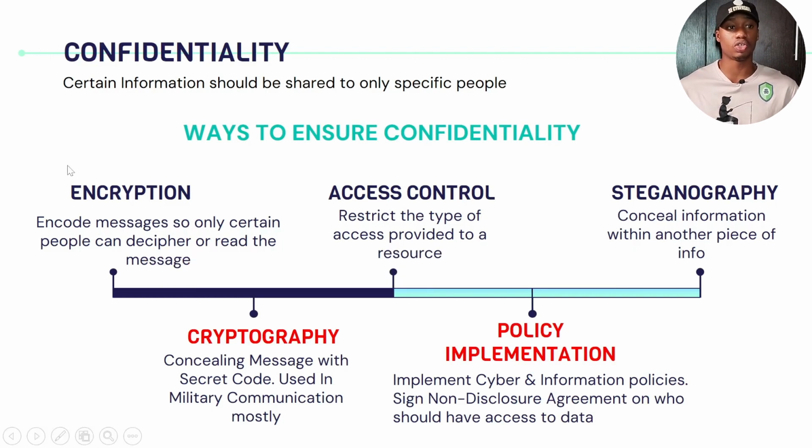There's policy implementation. So in most organizations, they implement cybersecurity and information policies, and some sign NDA agreements on who should have access to the data. For example, if I'm not supposed to know something, and I'm in an organization, I've automatically signed an NDA. Any organization you join, as you're entering, you're signing what they call an NDA, non-disclosure agreement.